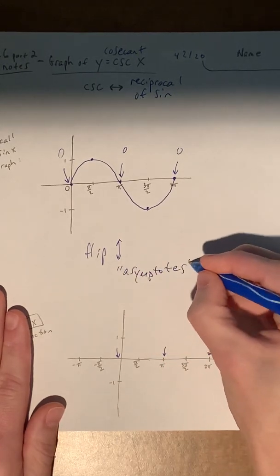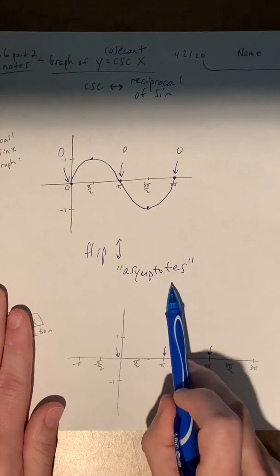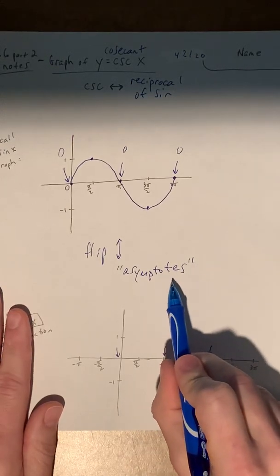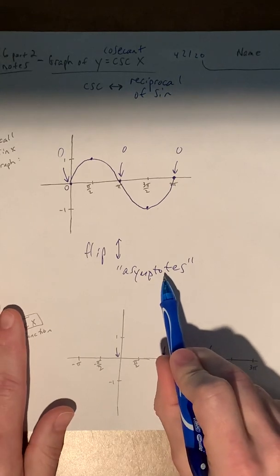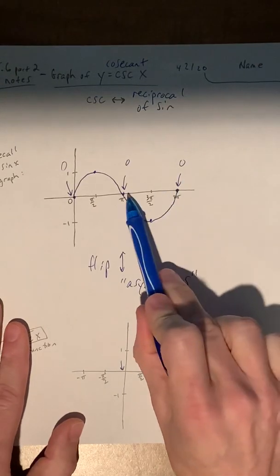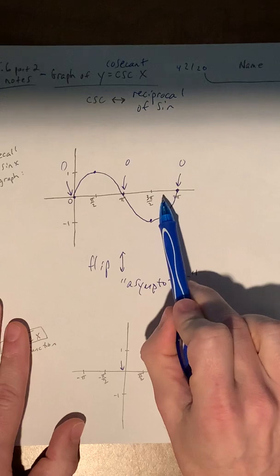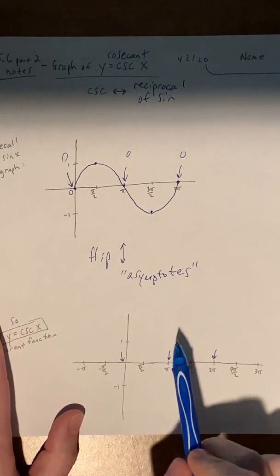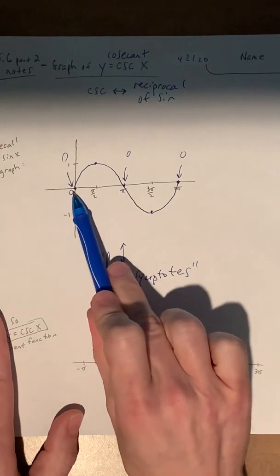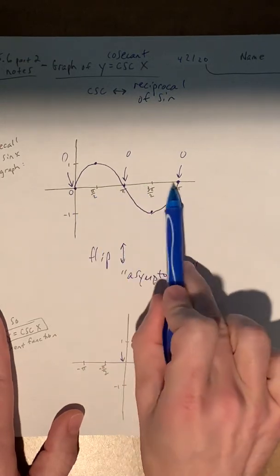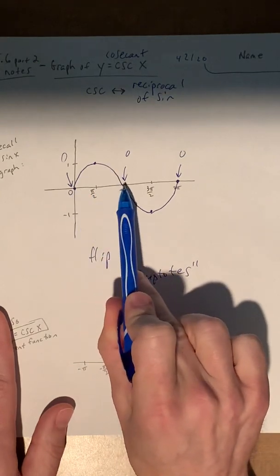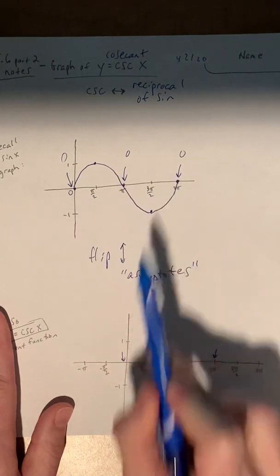We had asymptotes on the tangent graph, if you remember, those dotted lines. So we're going to have asymptotes or dotted lines on this cosecant graph too. Because where sine is 0 and we flip it and take the reciprocal, that's where we get asymptotes. So we're going to have asymptotes where we have 0 values, where it crosses on the sine graph. At the first increment, third increment, and fifth increment.